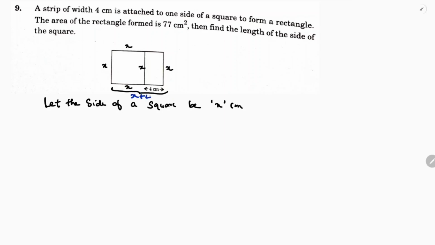Length is x plus 4 and breadth is x. So area of a rectangle is 77 centimeters square, it's given. Area of a rectangle formula is length into breadth is 77. So length is here x plus 4.